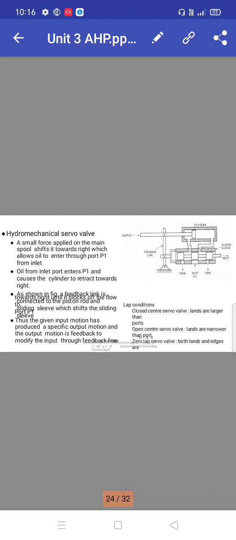Then hydromechanical servo valve. Actually, a small force applied on the main spool shifts it towards the right, which allows oil to enter through port P from the inlet. So oil from the right port enters P1 and causes the cylinder to retract outwards.